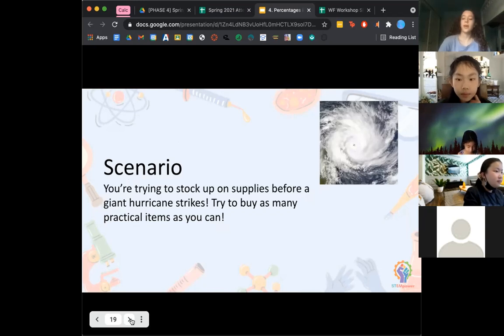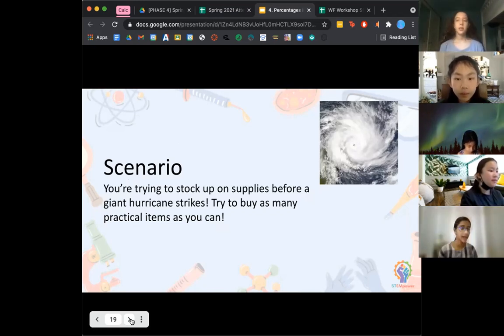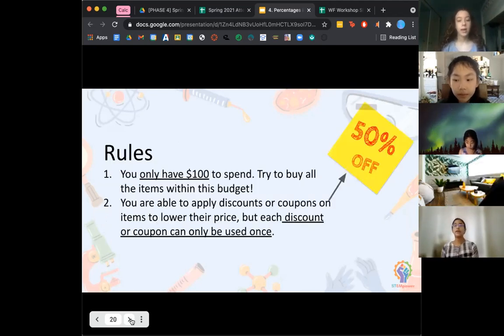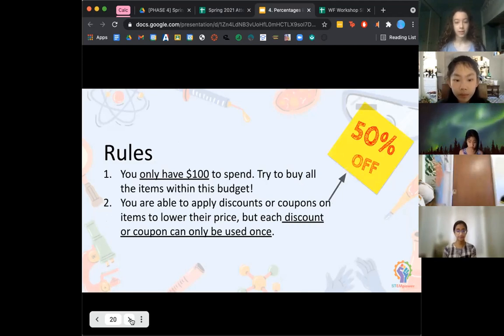Okay, there's Shri. Awesome. Our scenario is, imagine a giant hurricane is coming toward us, and you have to buy as many items as you can with the amount of money that you have. Okay, the rules: you have $100 to spend, and you have to try to buy all of the items you need within this budget.